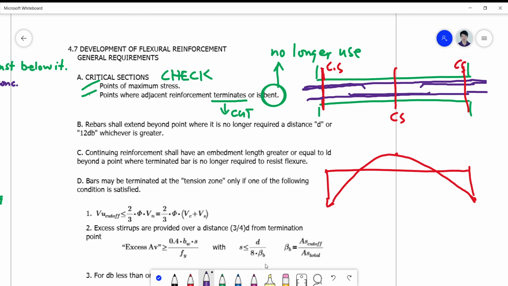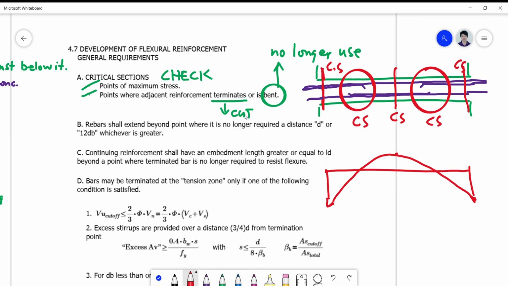So I have to check also this part as my critical section. This is also a critical section. So I have to bear in mind that the critical sections defined in the development concept are at points of maximum stress and at points where the reinforcement is bent or cut.